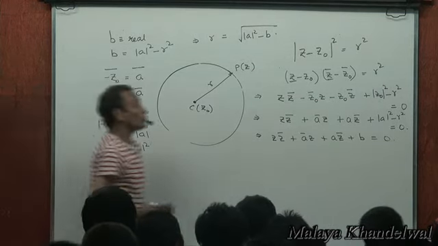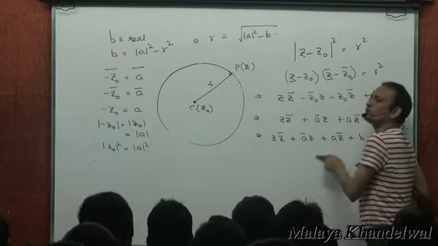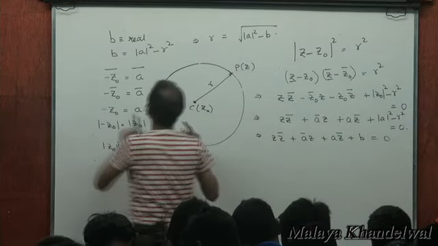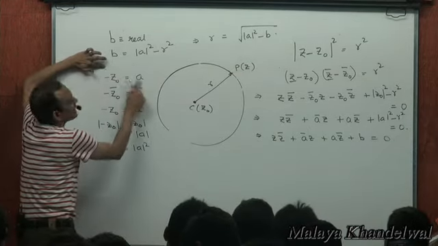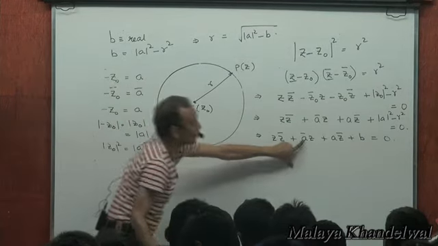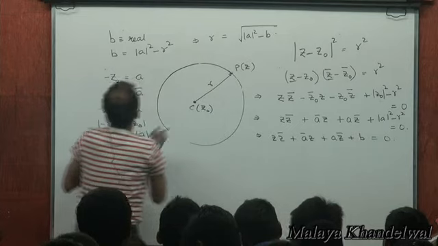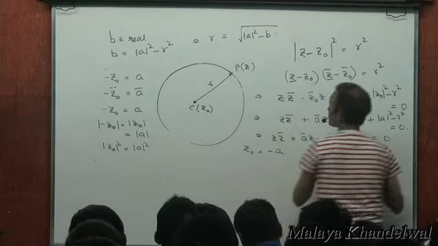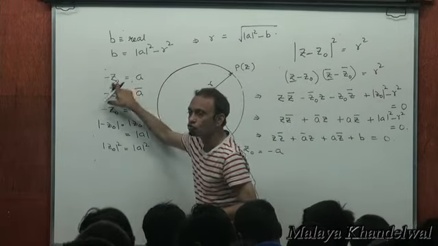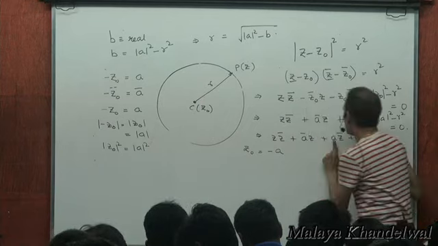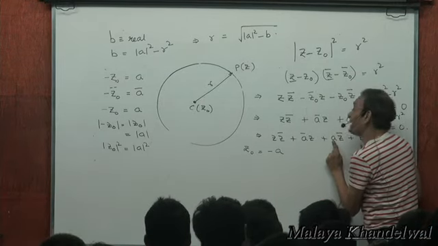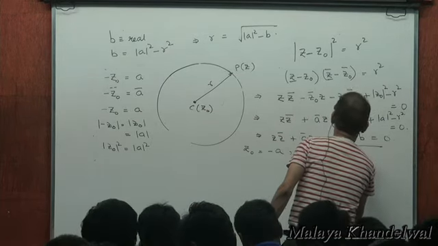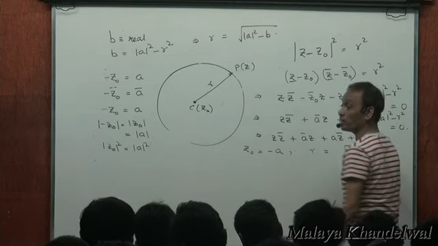So this then is a formal equation of a circle whose center z naught, we chose minus z naught as a, so z naught would be minus a. And what is a? A is the coefficient of z bar. So minus a will be the center of the circle. The radius of the circle would be root of mod a squared minus b, where b is a real number.